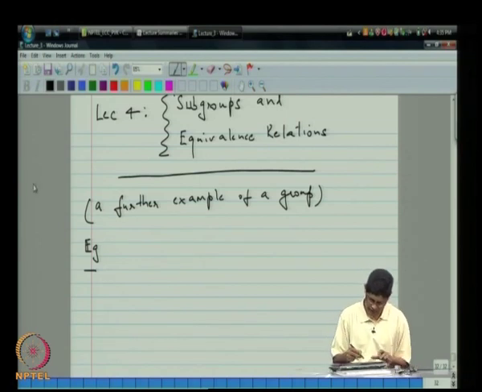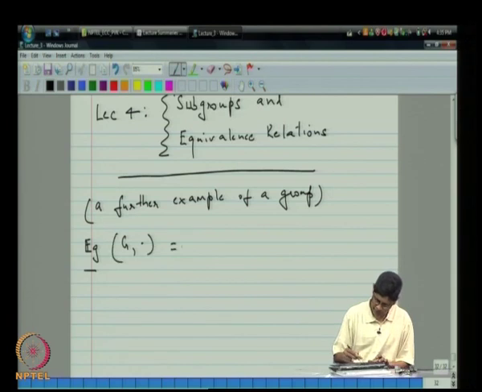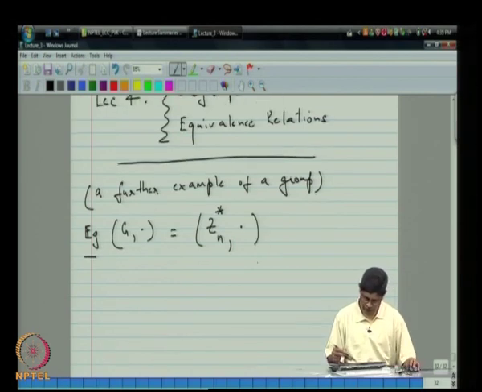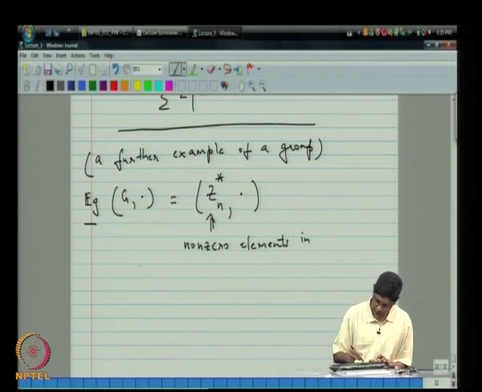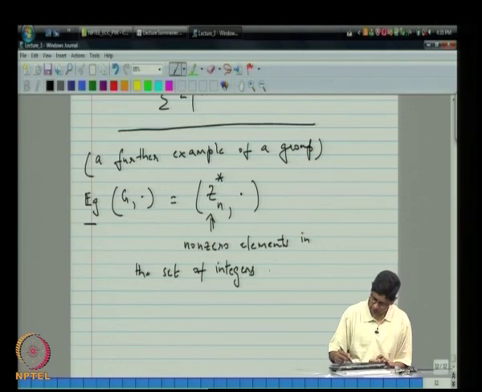This is the case when we are looking at the group and the operation is Z sub n, and I will put a star on top. First of all, with regard to the notation, this is the set of non-zero elements in the set of integers modulo n.